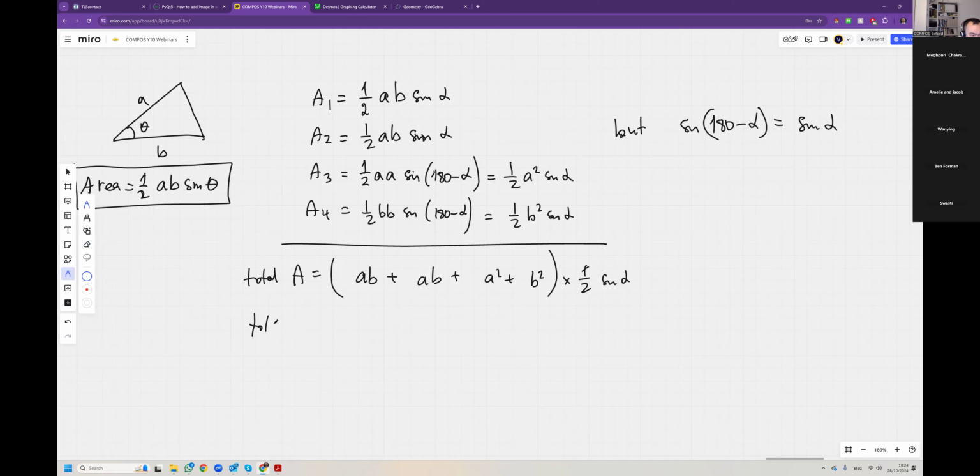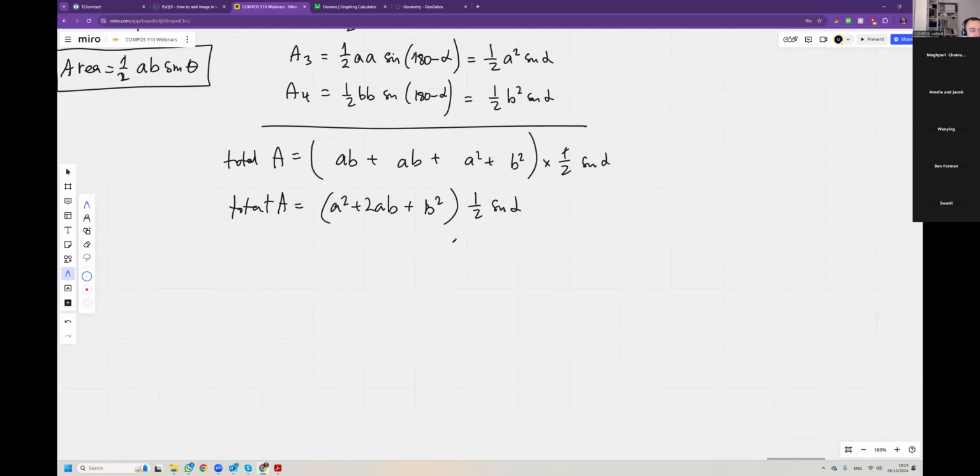So total area is A squared plus 2AB plus B squared multiplied by 1/2 sine alpha. Total area is 1/2 A plus B squared sine alpha.